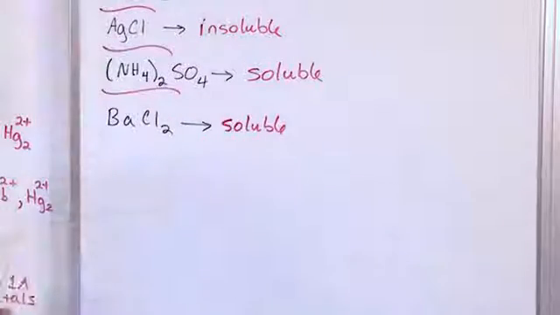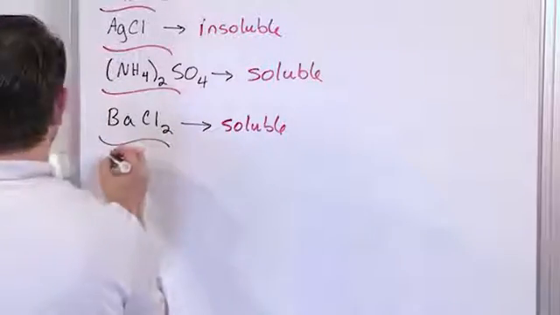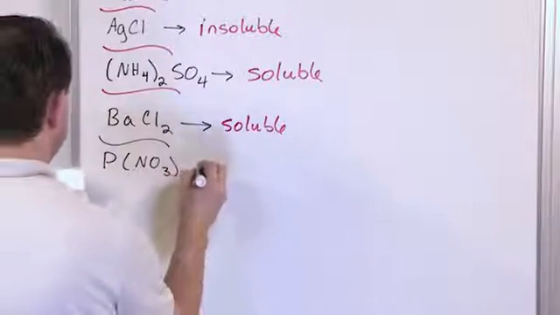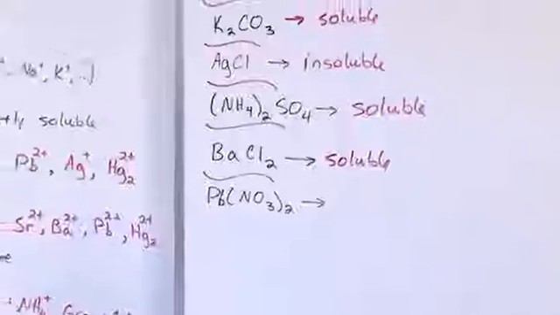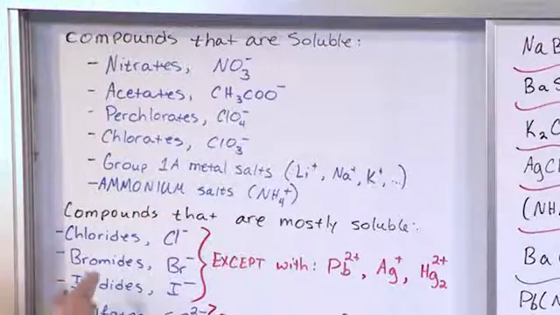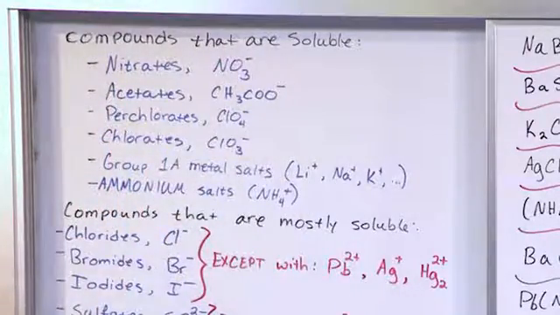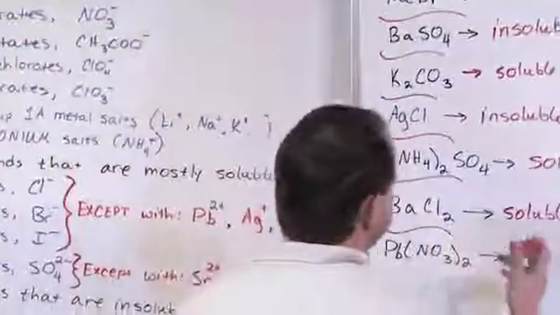Okay, and let's go down here to our final kind of problem, and then I'll switch gears a little bit. I've got lead nitrate. Pb(NO3)2, lead nitrate. All right, so we go up here, nothing down here, I look for my nitrates, and I see my nitrates way up at the top. Nitrates are soluble, so there's no exceptions to it, so it's going to go ahead and be soluble, so that's pretty easy.